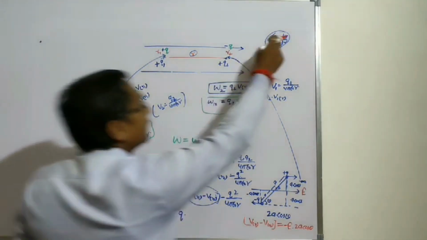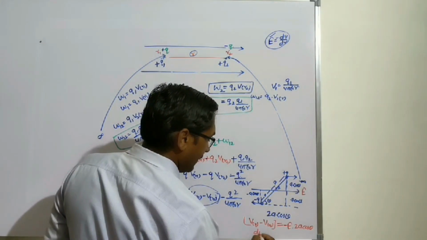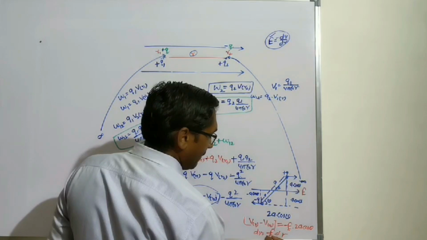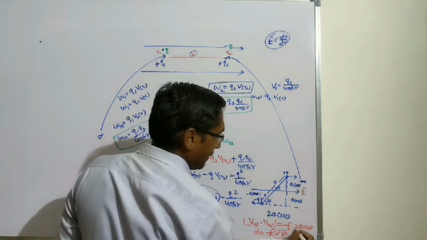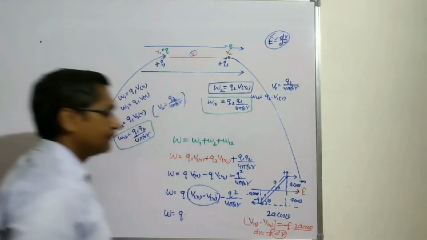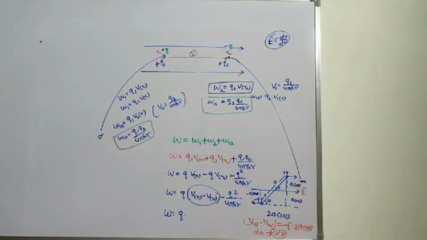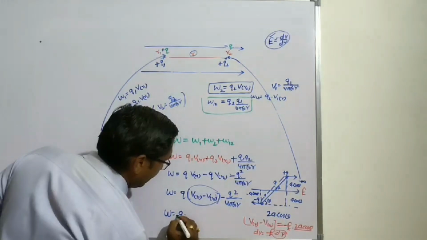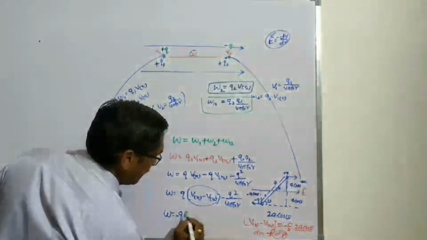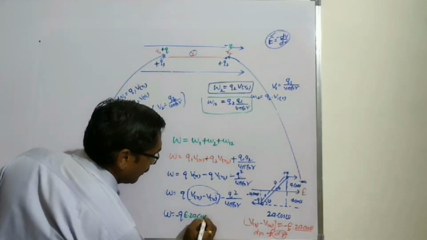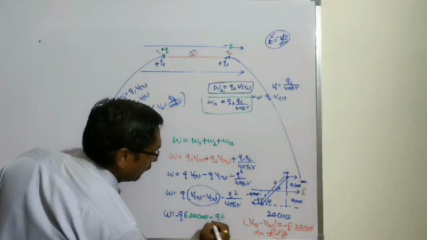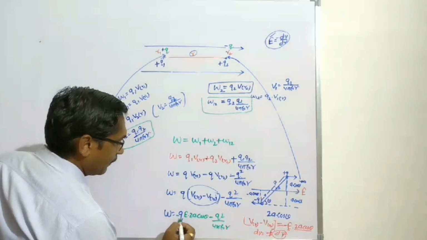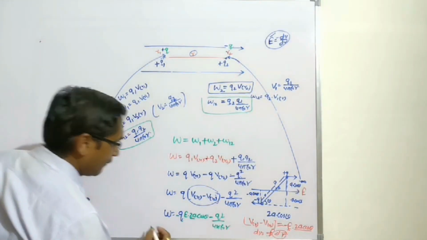By using this formula we get this expression: dV equals minus E dot dr, so we get qE minus E 2a cos theta minus q square upon 4 pi epsilon naught r, and this q into 2a is equal to p.